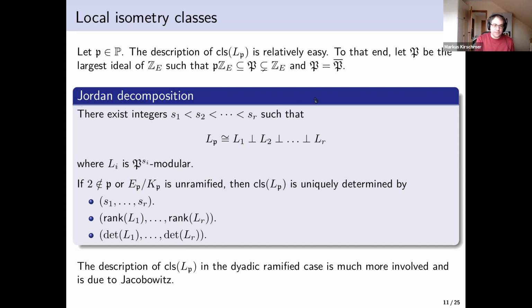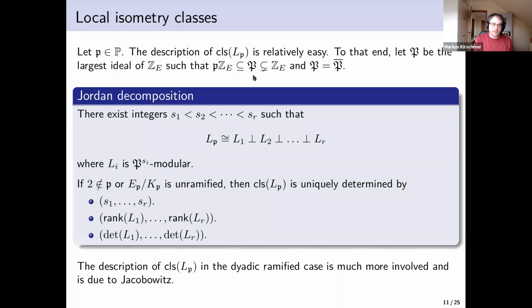And for that description, we actually have to find an ideal P of E, which sits above the small p in the ring of integers, and I want it to be fixed under the involution. Well, that tells you that the capital P is the small p times Z_E, unless the small p is ramified, in which case it's the maximal ideal sitting above it.